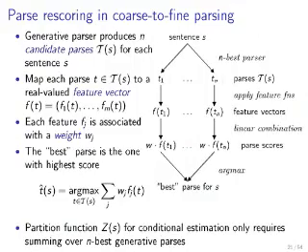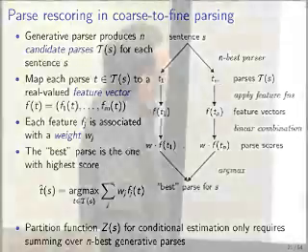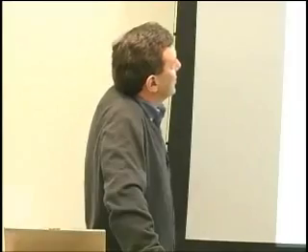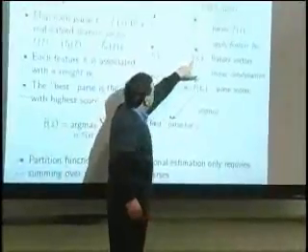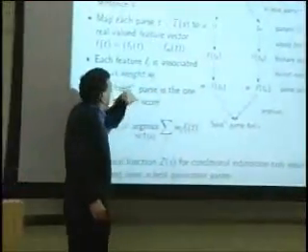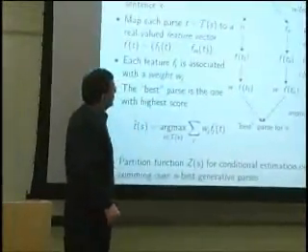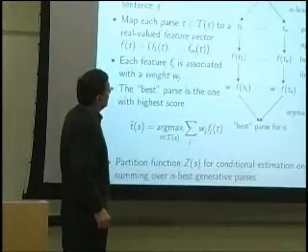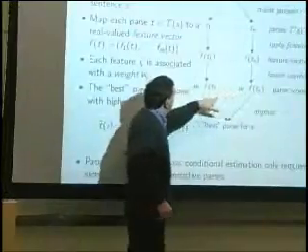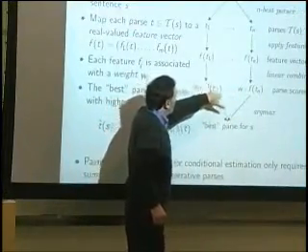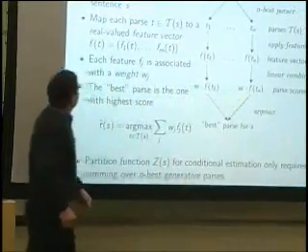So here's another picture of that. Now we're imagining that the generative parser is simply producing the 50 best parses here. We apply our feature functions to those to compute 50 different feature vectors corresponding to those 50 parses. At this stage, we're assuming that we know the weights, so we can now compute the score for each of those parses.